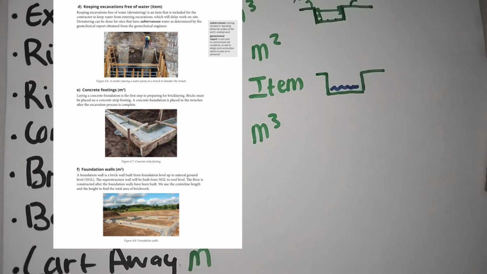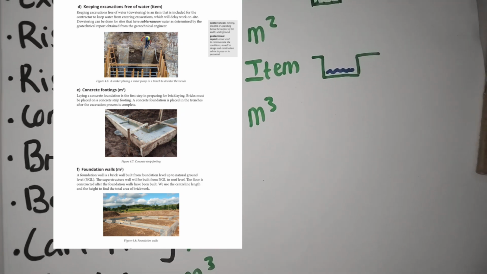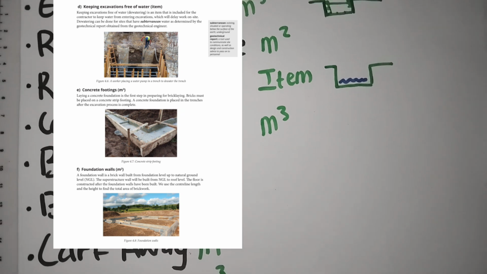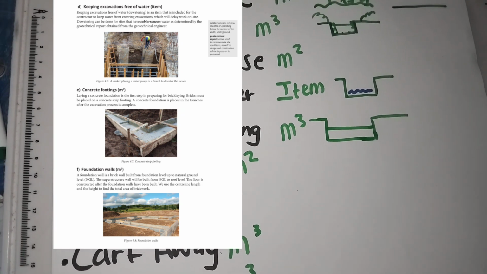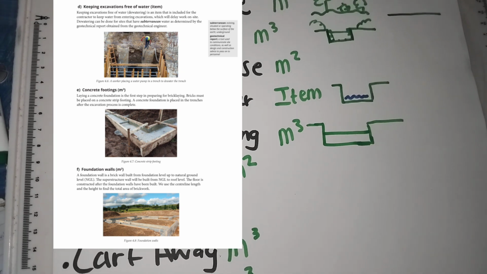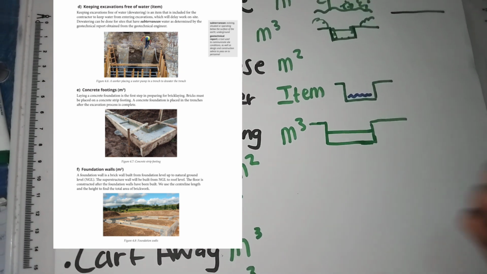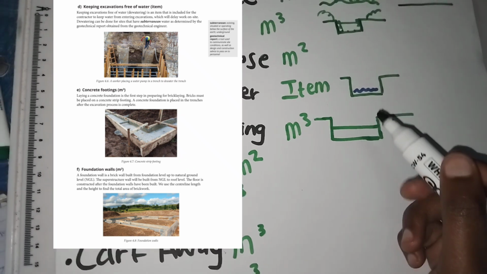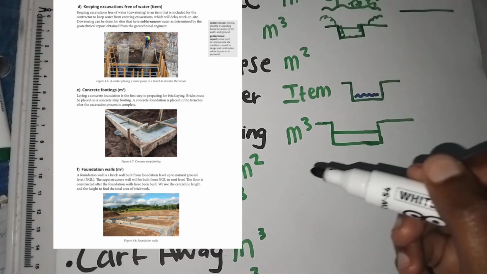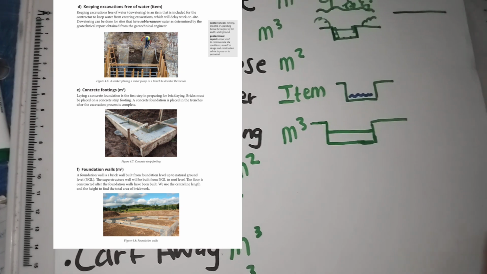So when you're done with calculating that, you now come to the concrete footing. Your concrete footing is gonna look something like this. So when you talk about concrete footing, we are talking about this. This is the footing that is going to be needed to support your brick wall. So this concrete footing of yours is in meters cubed, because you will include the center line, simply that.